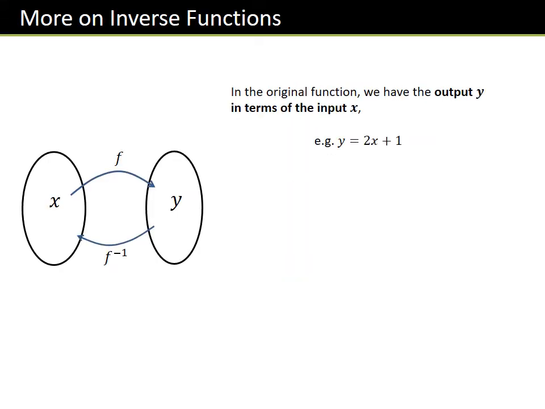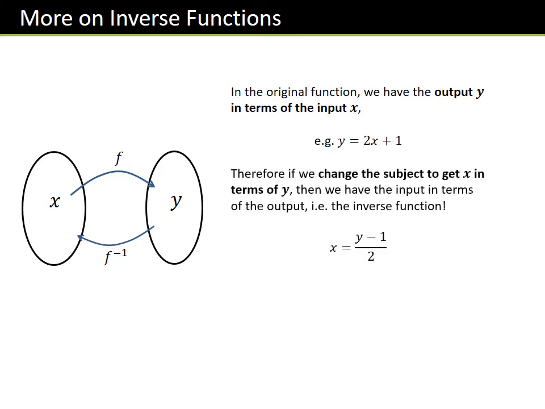So, in the original function, we have the output y in terms of the input x. y equals 2 times x plus 1. So if we change the subject to get x in terms of y, then we have the input in terms of the output, i.e. we've got the inverse function. So all we need to do is rearrange the function to get x in terms of the output.